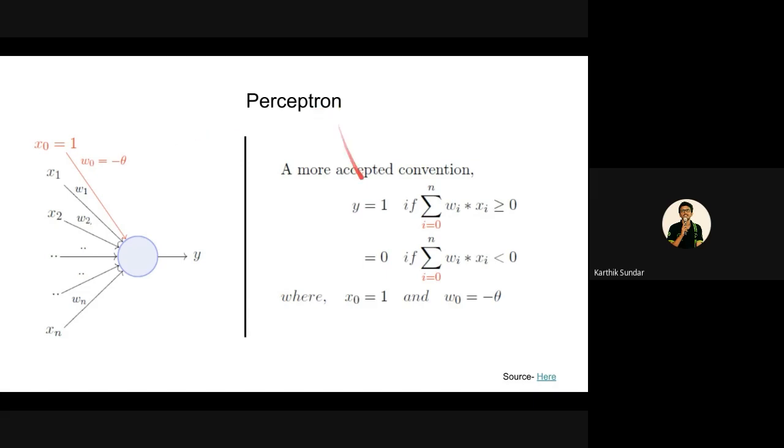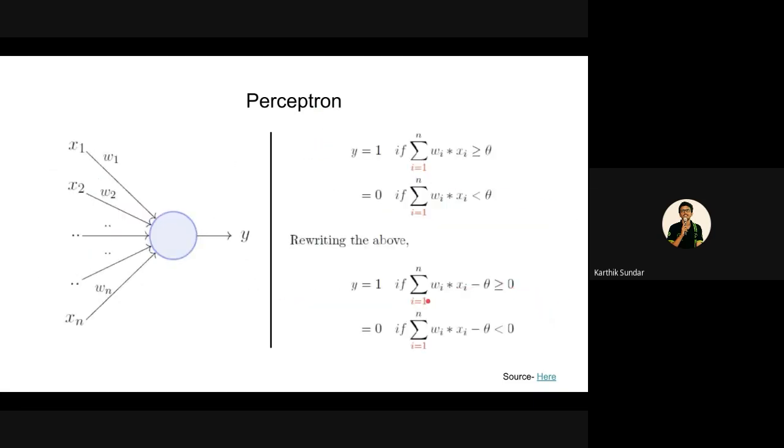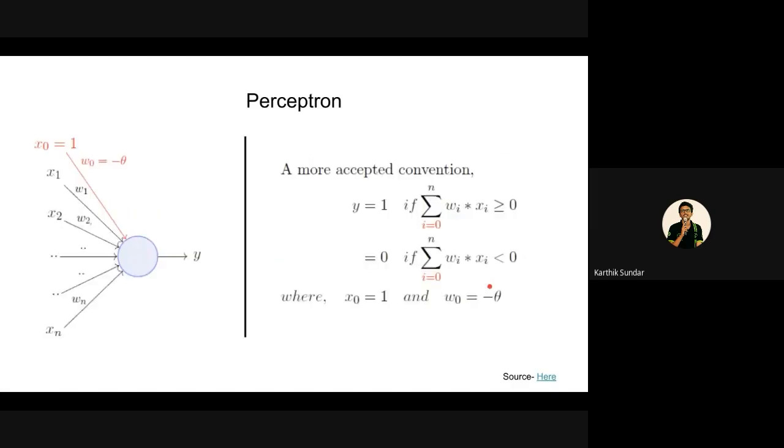A more accepted convention is, we have sigma wi xi minus theta, right? Instead of writing this minus theta as a threshold separately, you can give an extra input called x0 equal to 1 and set its weight to minus theta.